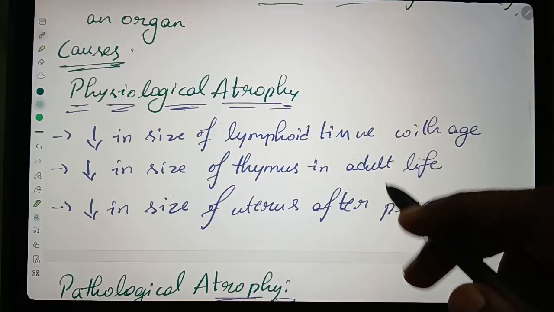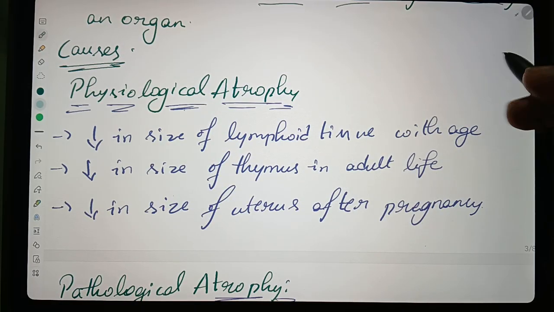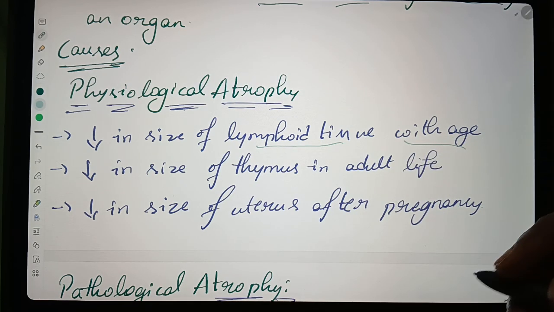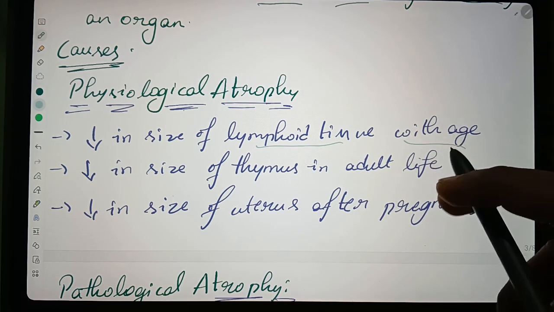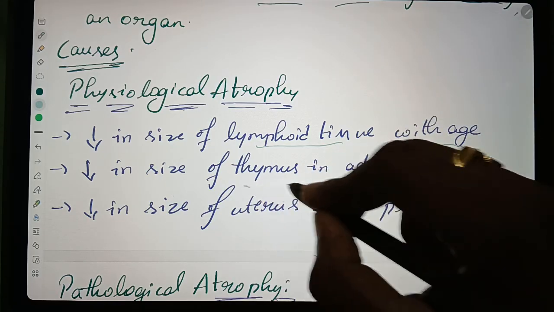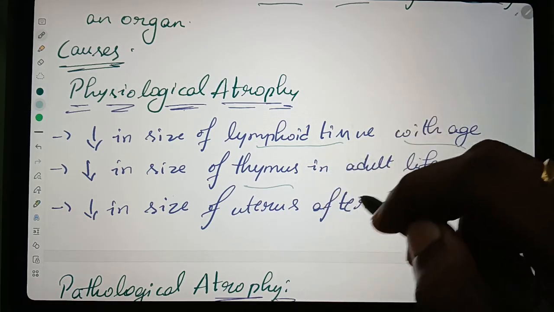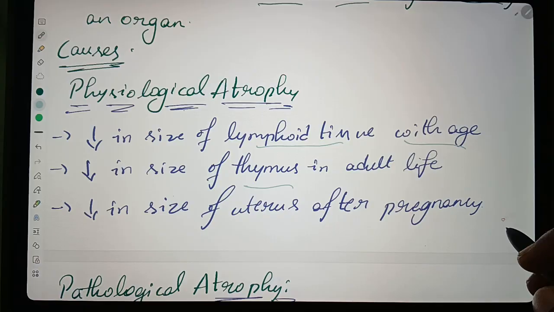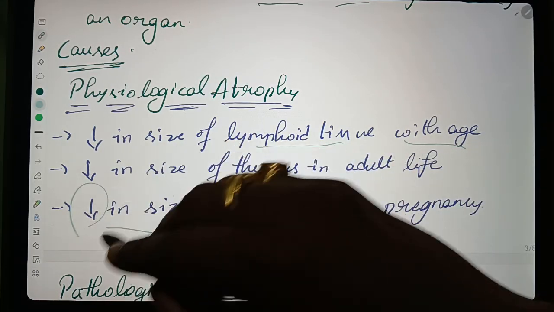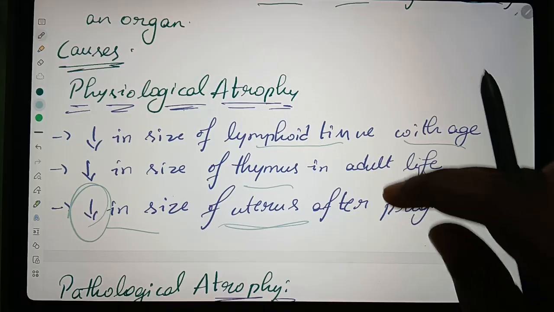Coming to physiological atrophy, there is a decrease in the lymphoid tissue with age. There will be size reduction in the lymphoid tissue and also in the thymus. After pregnancy, the size of the uterus also decreases.